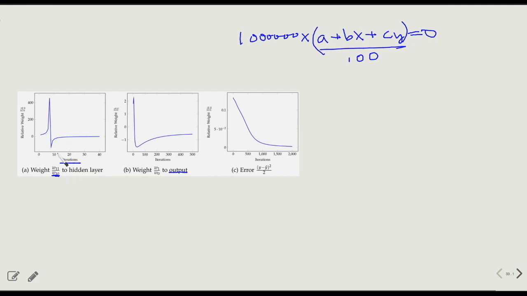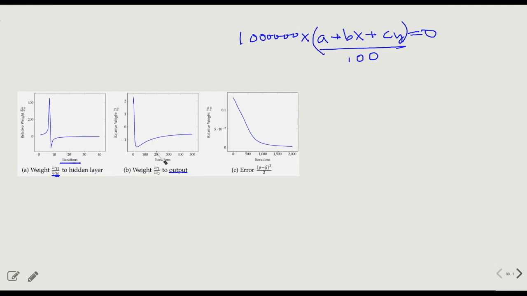You can see that the input layer weight, for example, takes more than 10 iterations to converge. In the first 10 iterations, it fluctuates quite a bit, and then it gradually converges and stabilizes. For the weights to the output layer, it looks like it takes longer to converge.